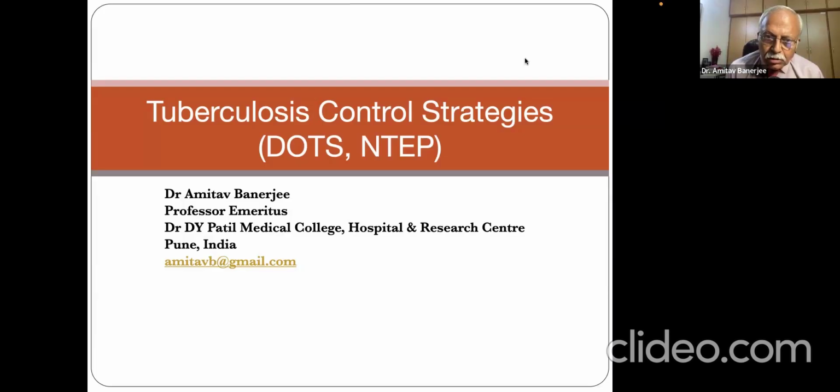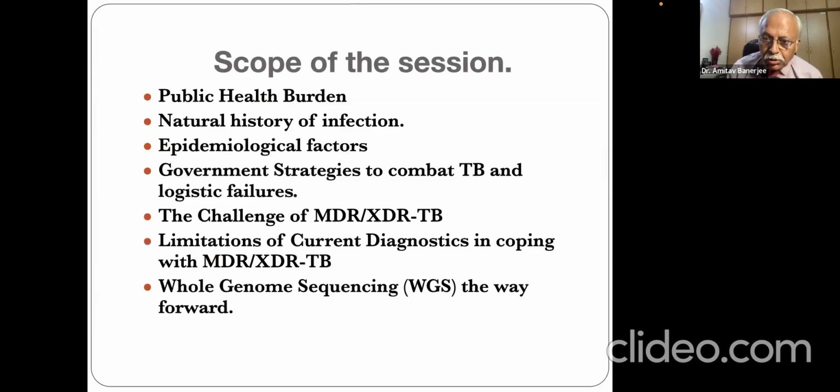Today, we'll be discussing a major public health problem globally and particularly more in our country, because in our country, we contribute almost 26% of the TB burden. I would just briefly go through the points to be covered.